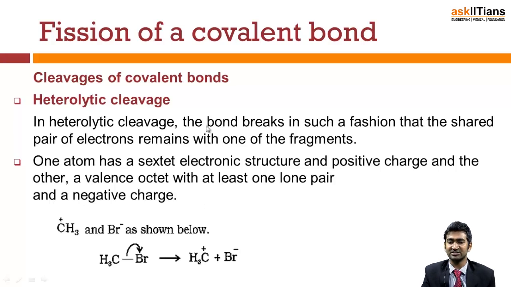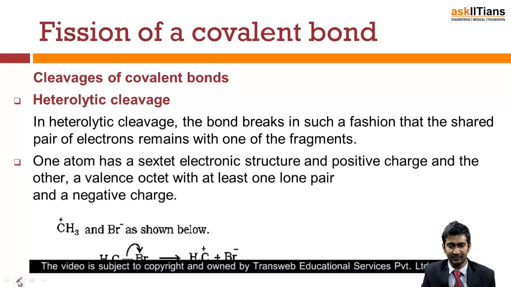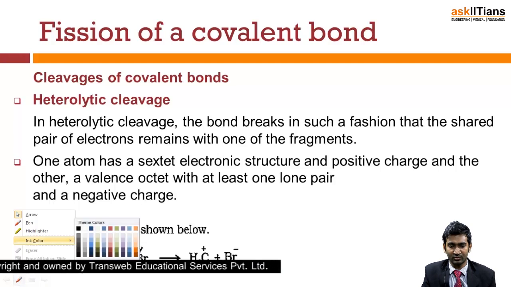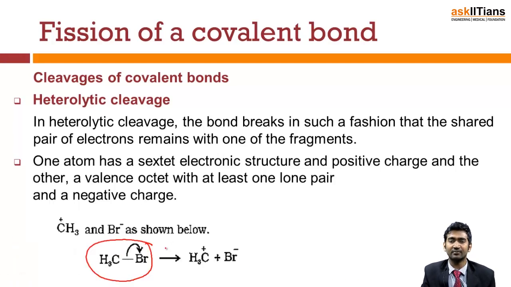So what is heterolytic cleavage? It is the one in which the shared pair of electrons remains with only one of the fragments. Like here, if you see CH3Br, out of these two groups, Br is more electronegative than CH3.